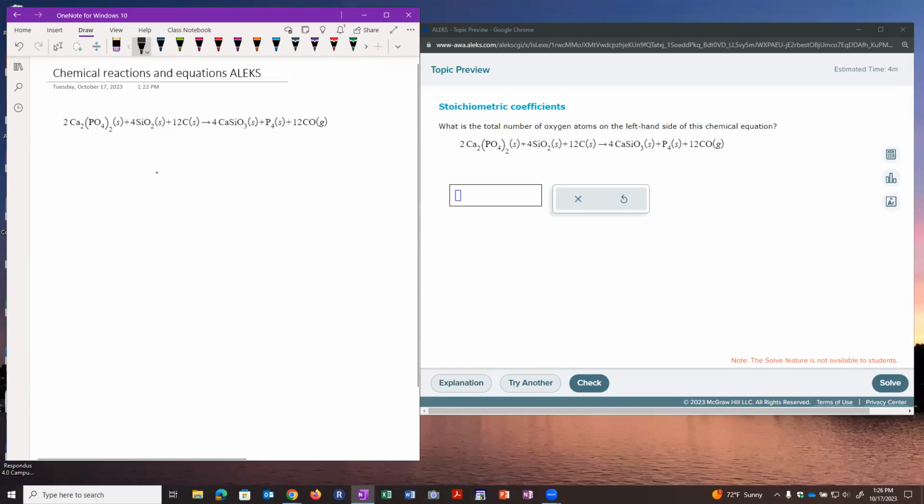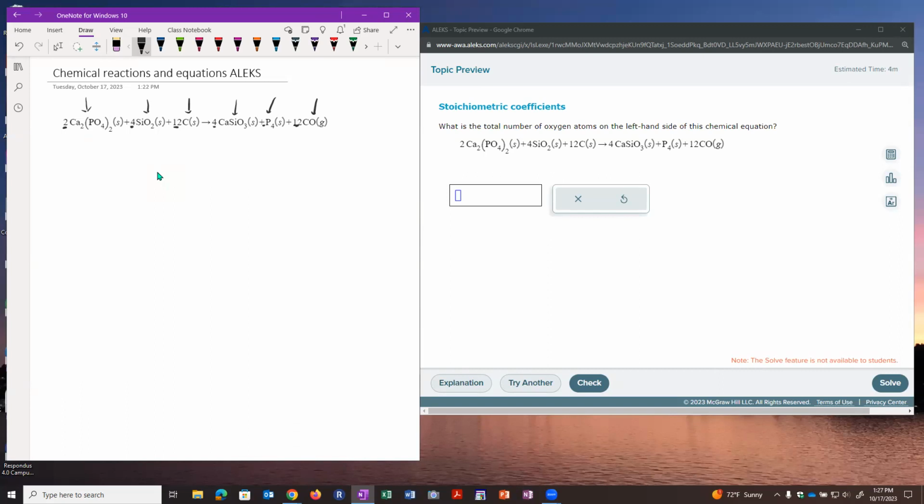Obviously you have the chemical formulas for the compounds or the elements involved. And then in front of the formulas, you also have these small whole numbers: the 2, the 4, the 12, the 4. When you don't see a whole number, 1 is understood to be there, and then 12. Those are coefficients, and they multiply everything in the chemical formula by that coefficient.